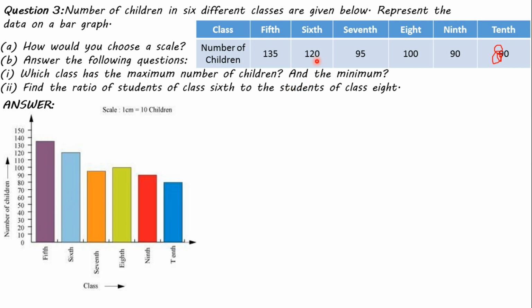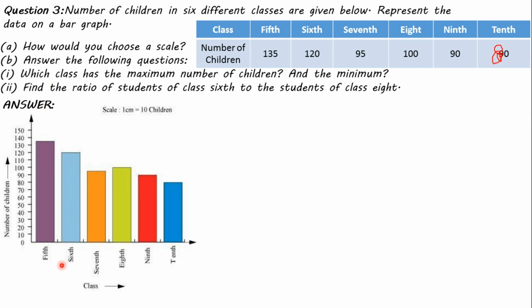Now for representing the 6th class, it is very easy. In front of 120 you can draw the bar like this. Also, one thing you have to note: the gap between the bars must be equal.